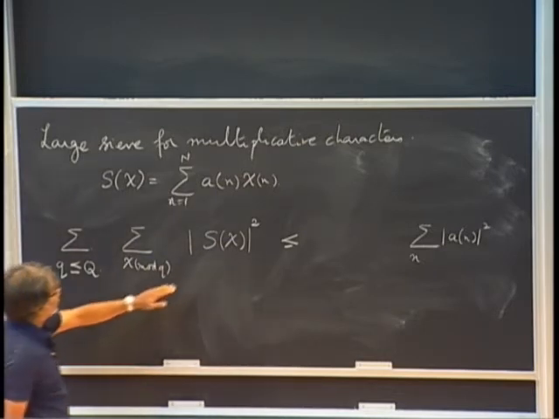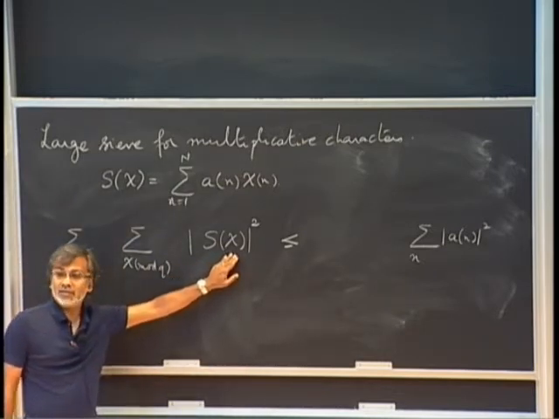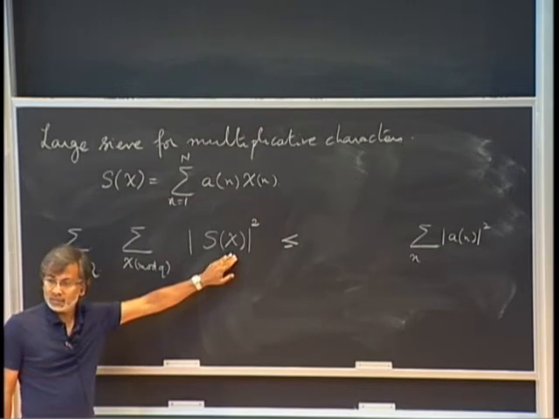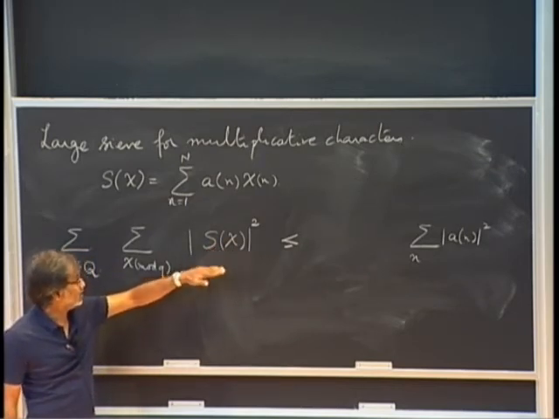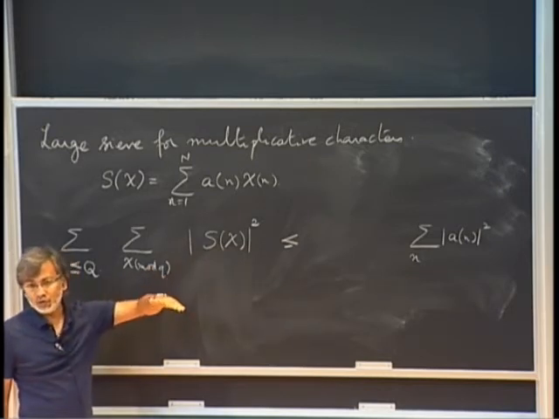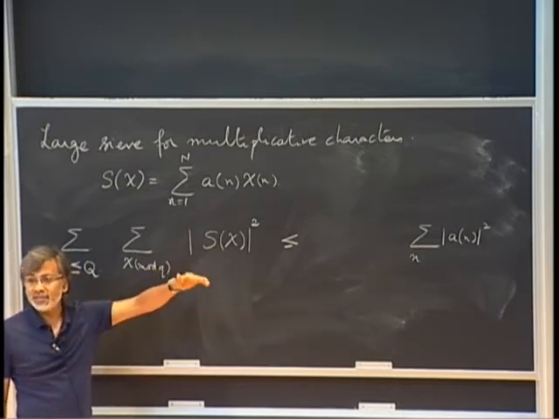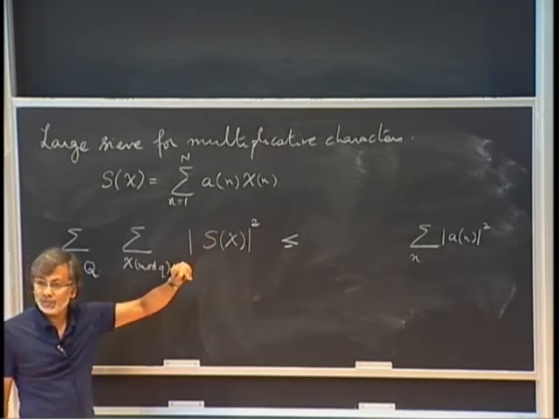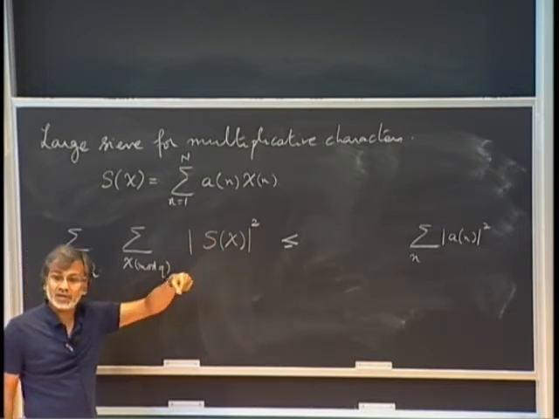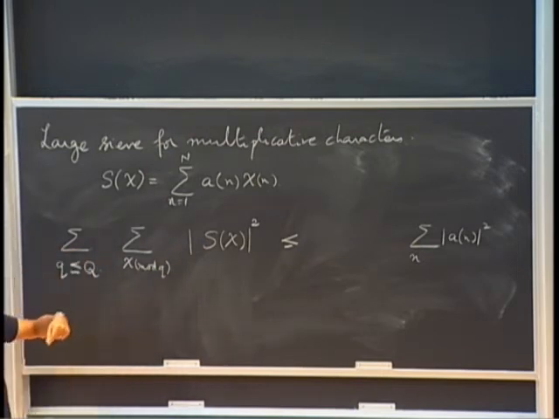I want to make sure that I don't count the same character many, many times. And now, this you would have seen from Dimitri's lectures. If you have a character mod 4, you might as well think of it as a character mod 8 by just pretending that it's periodic mod 8 when in fact it was periodic mod 4. So that's the notion of an imprimitive character. And you want to make sure that you don't count the same character many, many times, like with fractions.